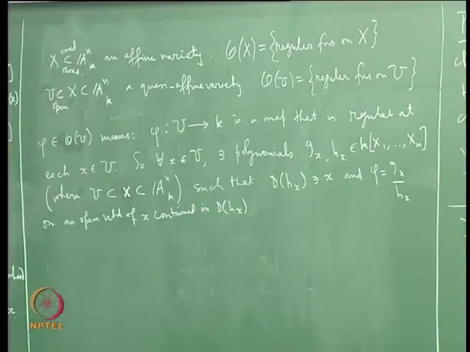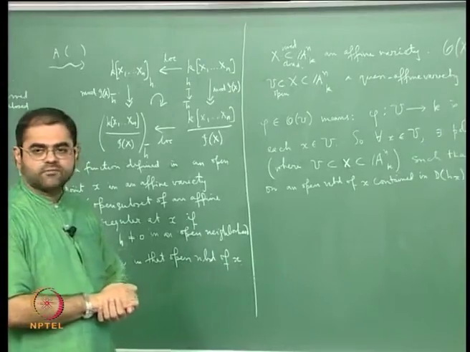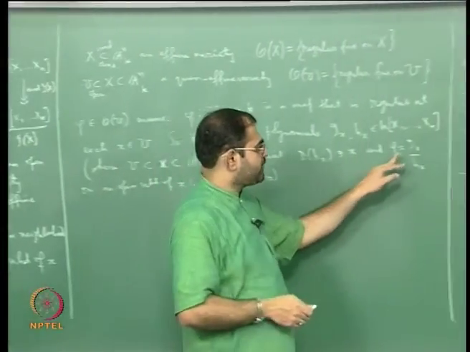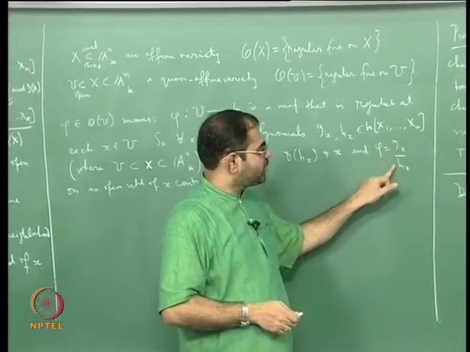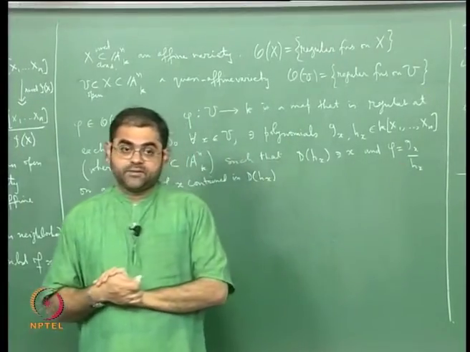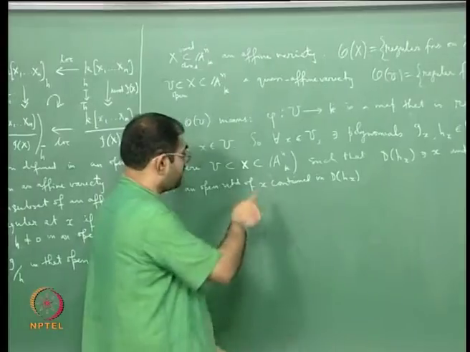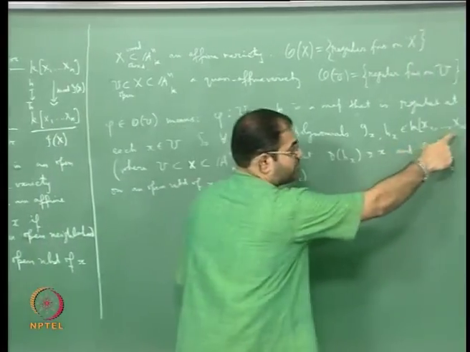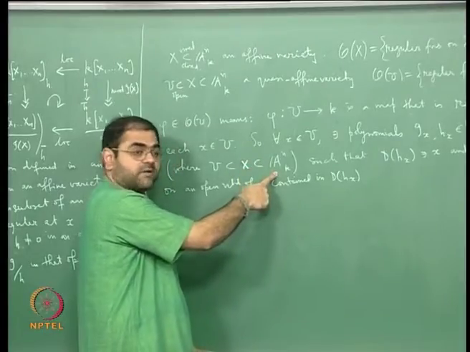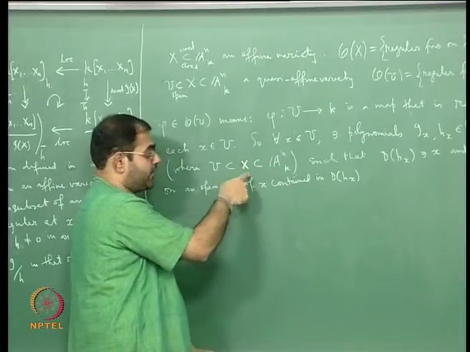This is what it means. Give me a point x, I can find an open neighborhood of that point on which the function phi is the same function that I would get if I evaluate a quotient of polynomials with the denominator polynomial not vanishing, the polynomials being taken in the appropriate number of variables, in whichever dimensional affine space you are considering U and X.